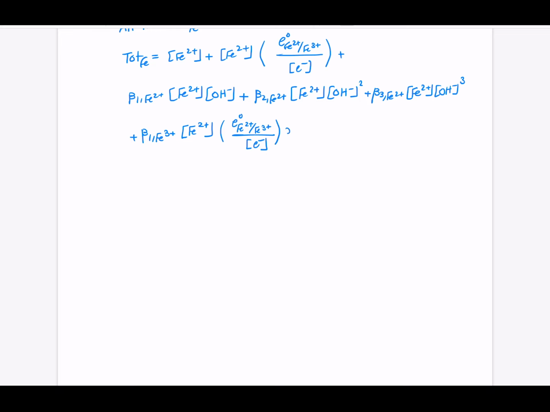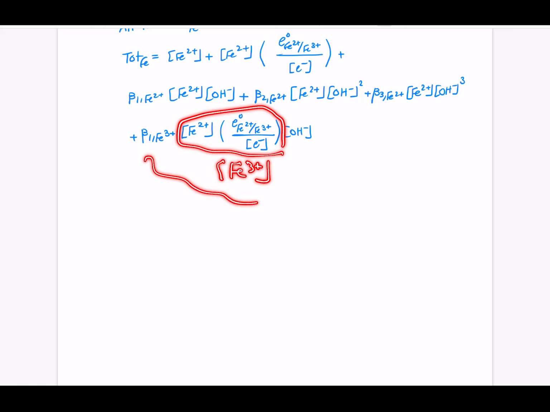And now this times the complexing agent. So this would be basically Fe3+. And then you see that pattern of that i, which in this case is 1. And now we just need to expand it for 3 more.